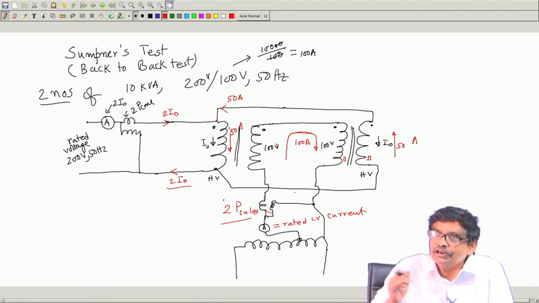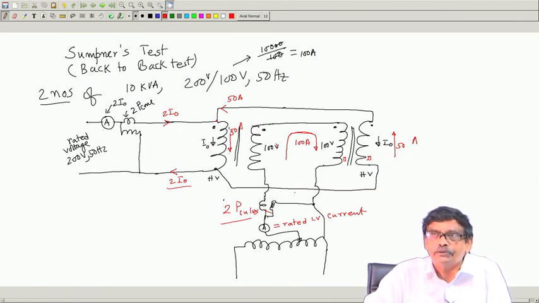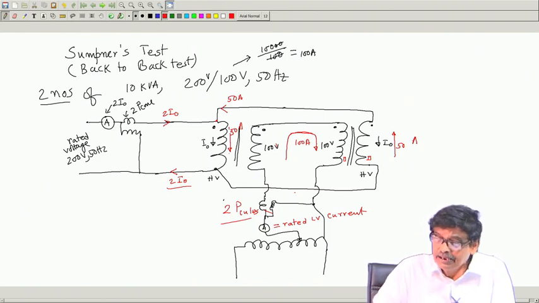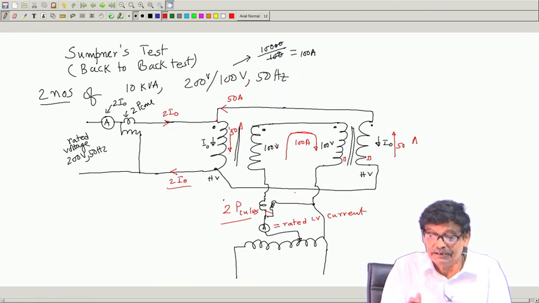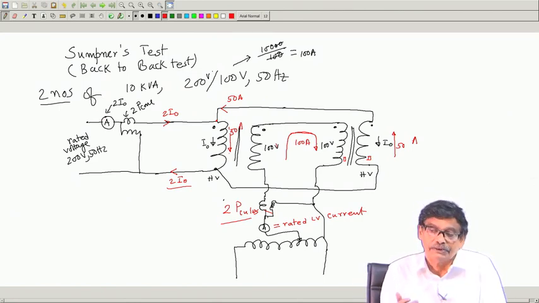And from this variation of the resistance I should be able to predict what is the temperature rise. So, anyway, this is a very nice test for which you do not require 10 kVA load, it will only draw core loss and copper loss.